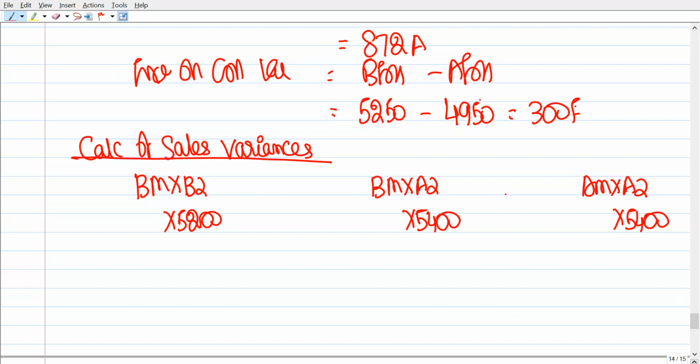BM is, you calculate AM, actual price minus budgeted variable cost.